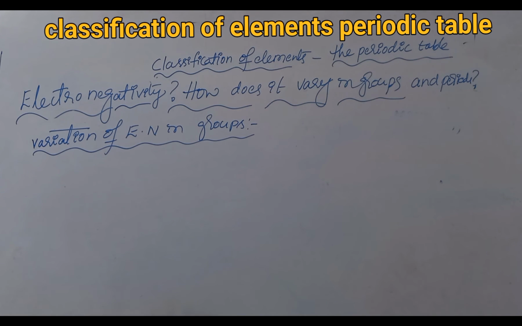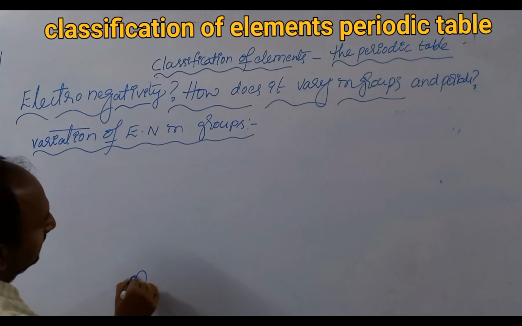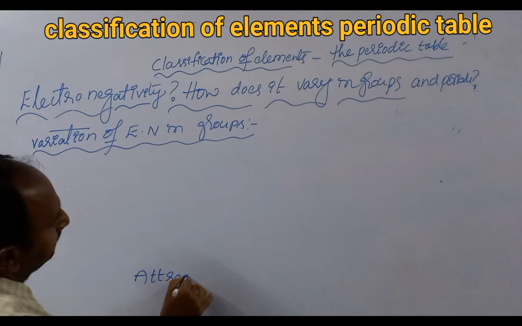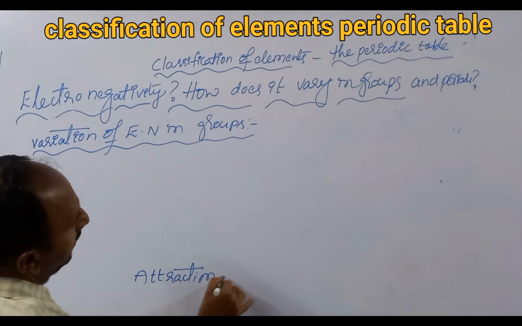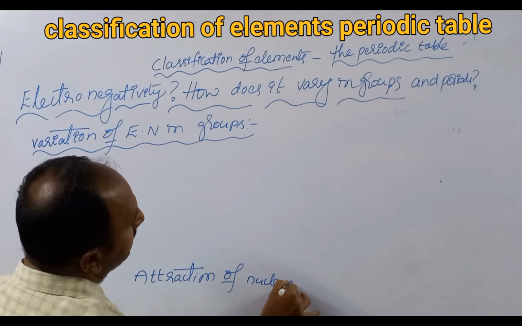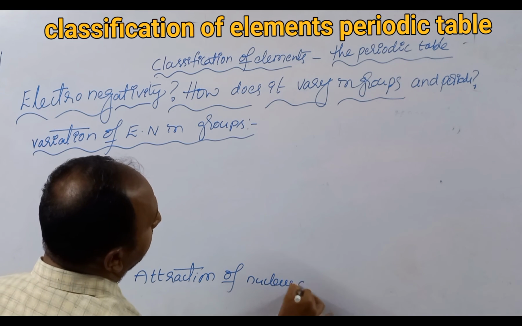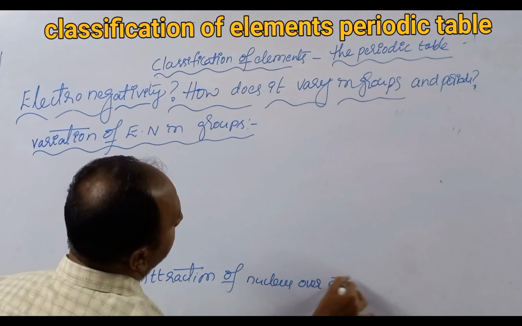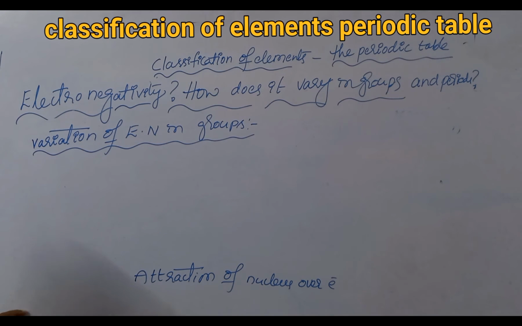More simply, the attraction of the nucleus over the electron is termed electronegativity.